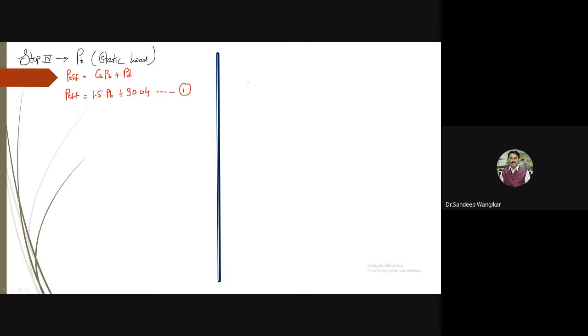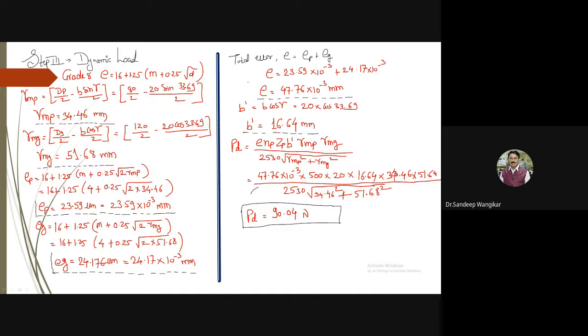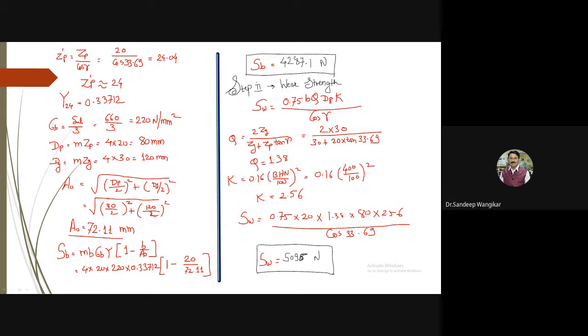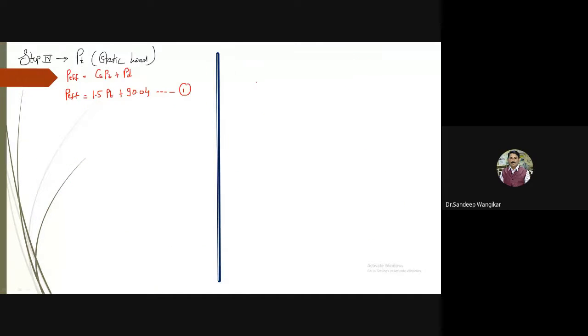So comparing the values of SB and SW, SB is equal to 4287 and SW is equal to 5096. So we can say that SB is less than SW and SB is the criteria.